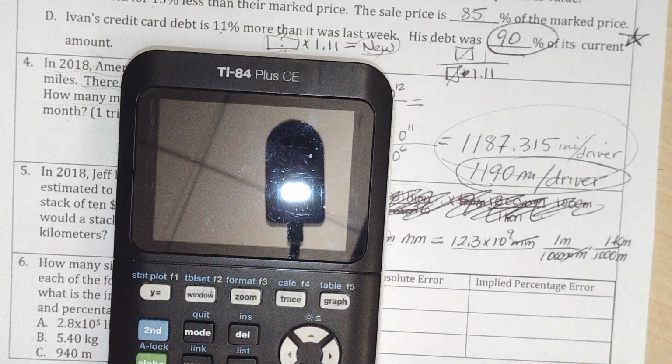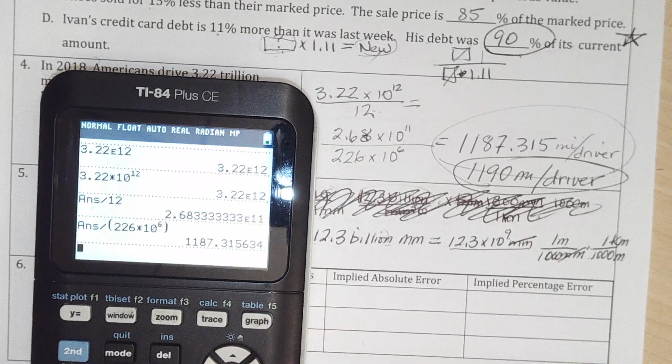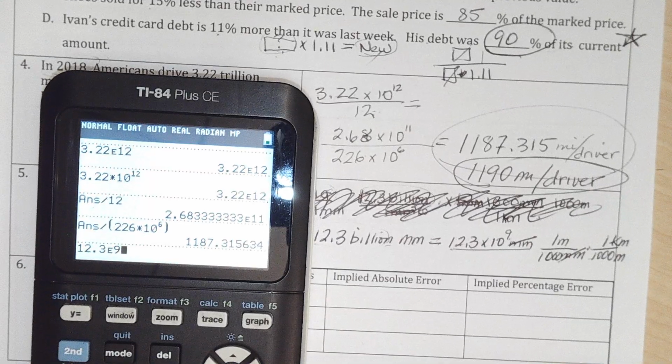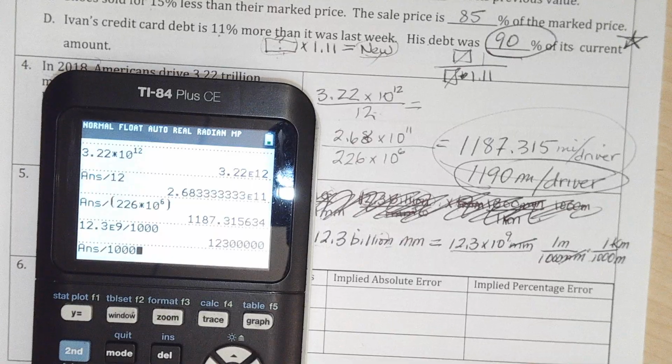So I got to take 12.3 times 10 to the 9th divided by 1,000, and then divided by 1,000.